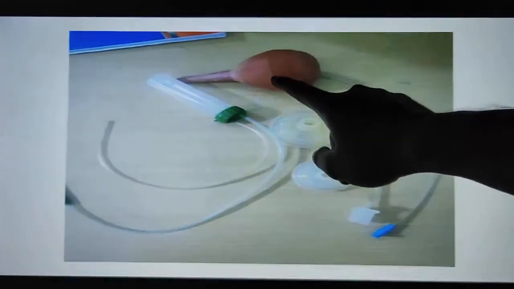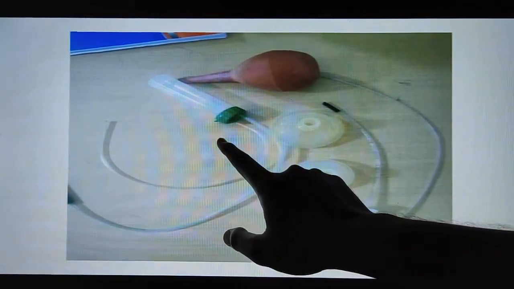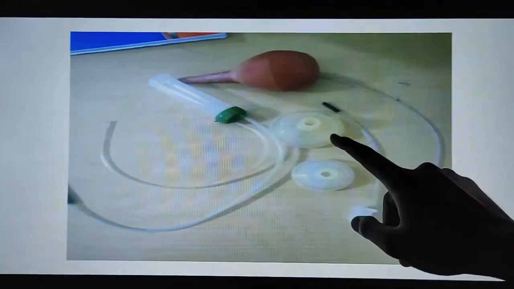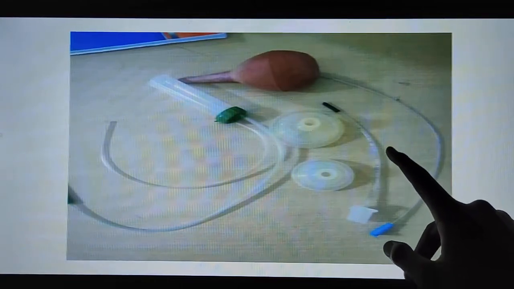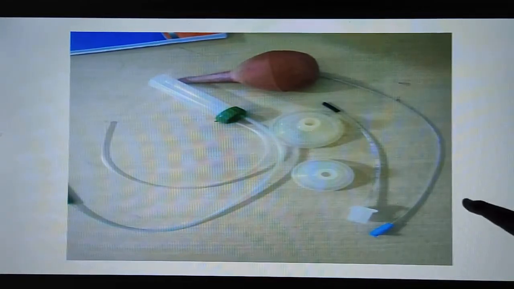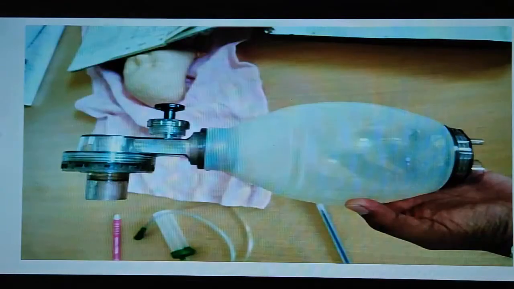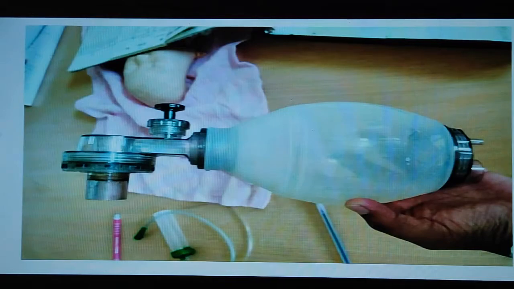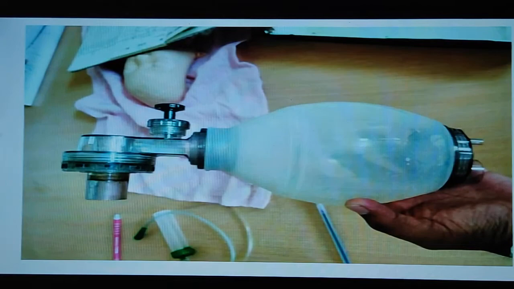Simple face mask of various sizes. This is ET tube and this is suction catheter. This is face mask and this is self-inflating type of resuscitation bag.